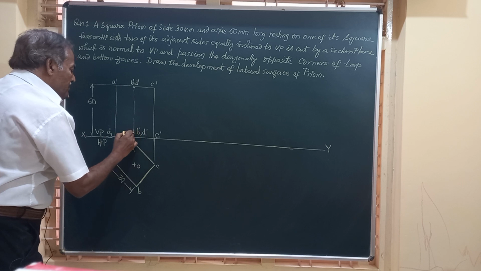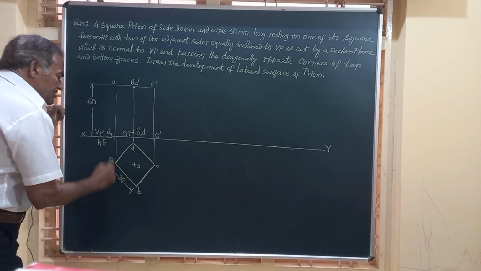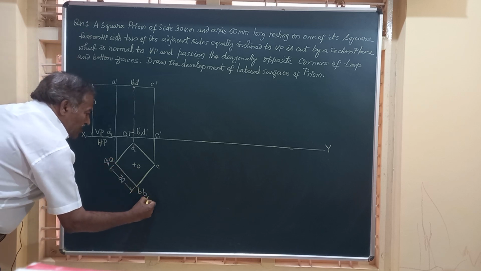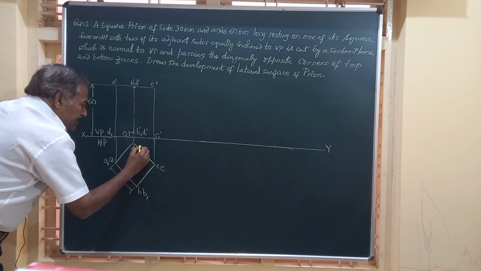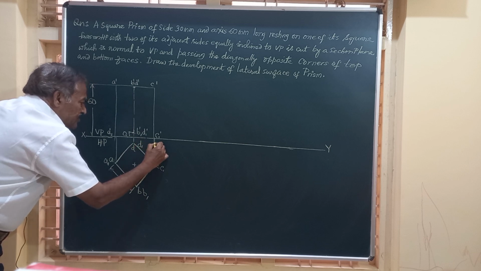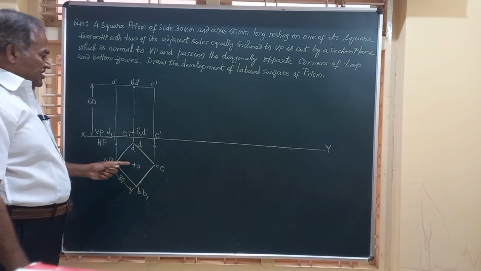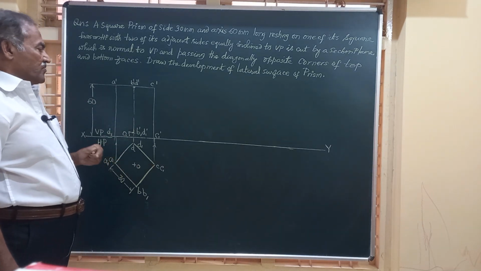This axis is perpendicular here, and I will call it O1 dash. Similarly for the top, it is AA1, BB1, CC1, DD1, because all these vertical edges AA1, BB1, etc. are seen as points in the top view.